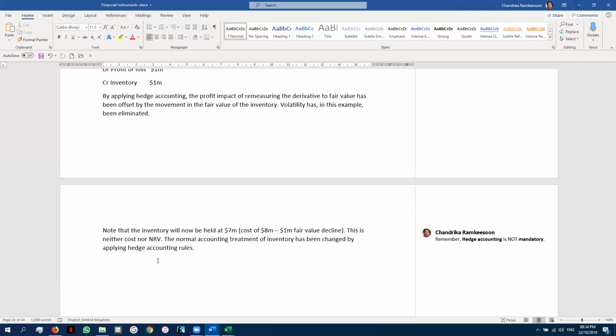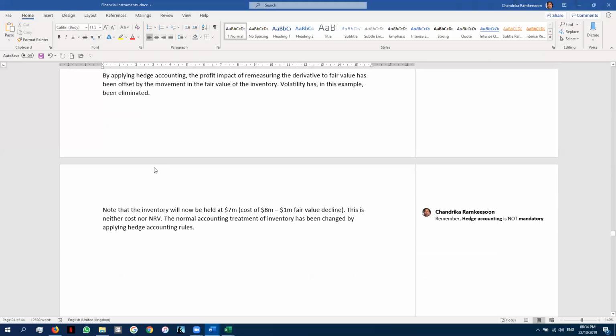Note that the inventory will now be held at 7 million. Remember, the original cost was 8. And look at the double entry. Credit inventory 1, 7. This is neither cost nor NRV. The normal accounting of inventory has been changed by applying hedge accounting rules.